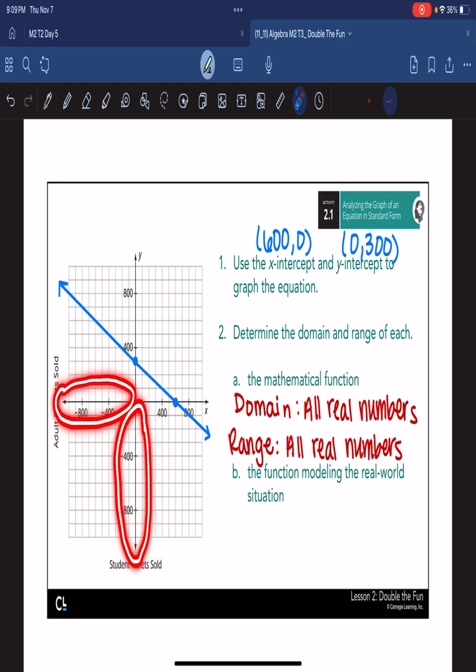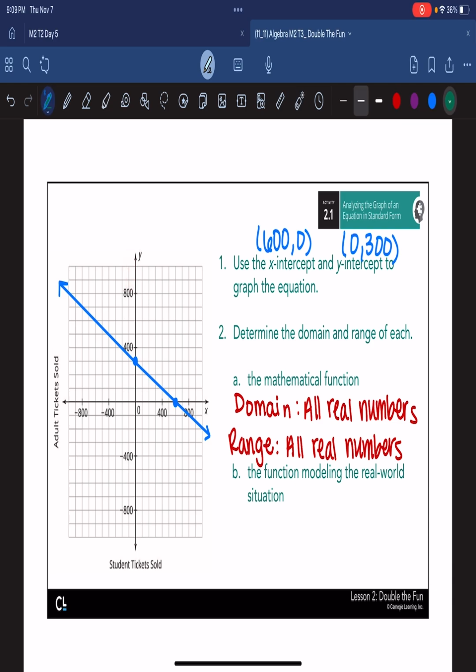It's not possible. So what that means is, for the real world, we are only going to be looking at the positive x and y values. So I'm only going to be looking in this first quadrant here.